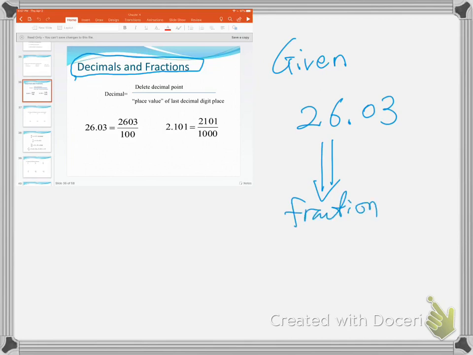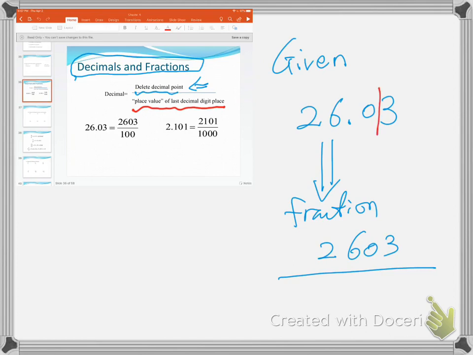The rule is very simple. First, for a fraction, you need a numerator. Just delete the decimal point, and you get the numerator. 26.03, delete the decimal point, we got 2603. And then the place value of the last decimal digit is the denominator.